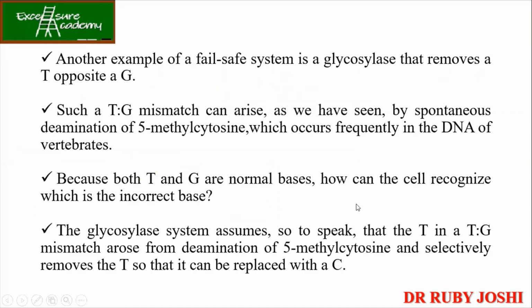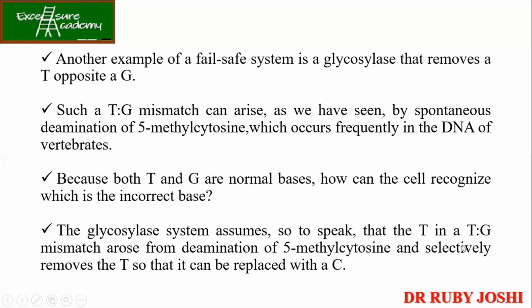In the same way, another example of a fail-safe system is the glycosylase which removes T opposite to G. Now, such a TG mismatch can arise in the case of spontaneous deamination, where 5-methyl cytosine can become T, right? But T and G are normal bases, so how will the enzyme recognize it?